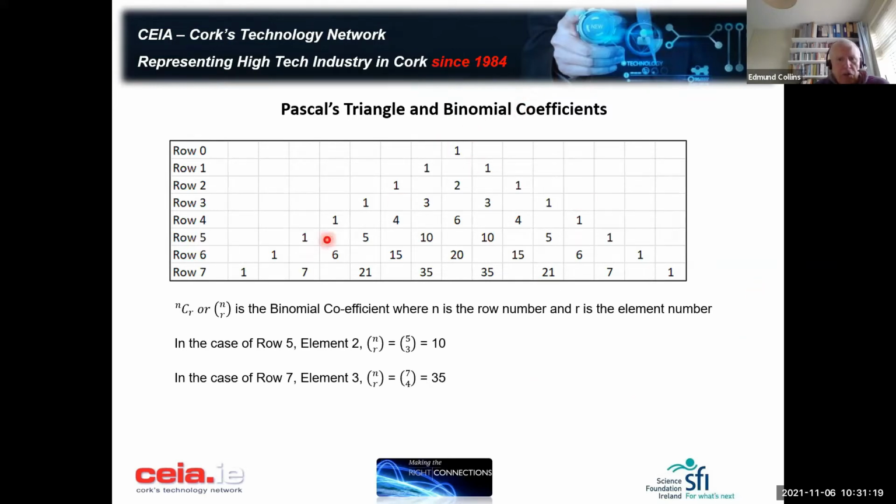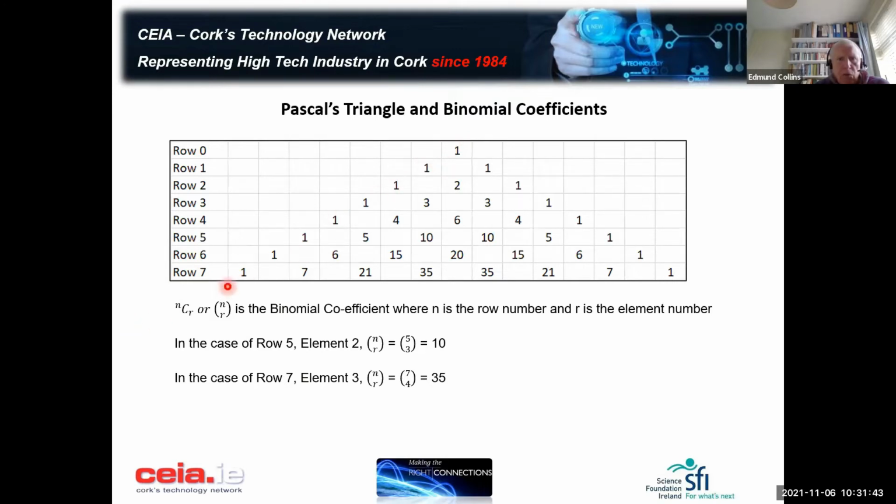So I've just shown 8 rows here, because we're talking about row 0 to 7, so total 8. But it goes on to infinity.